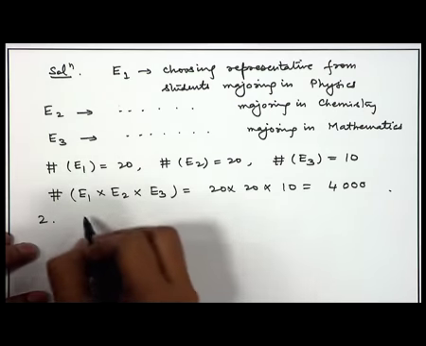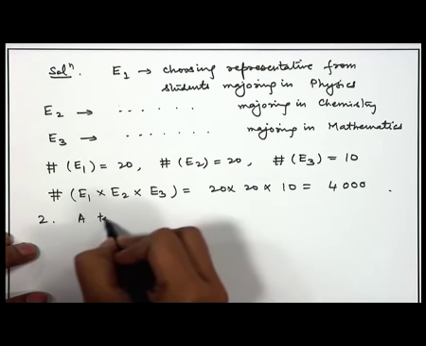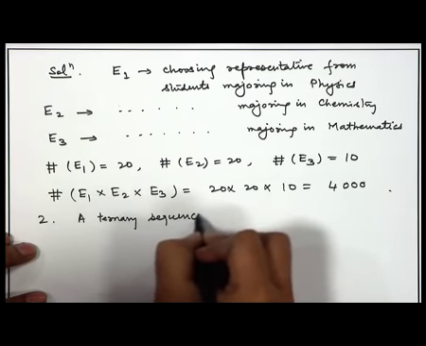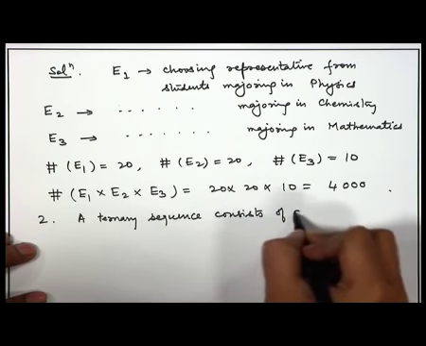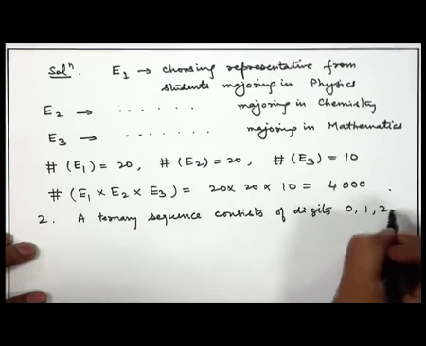Let us consider a ternary sequence. A ternary sequence consists of digits, say, 0, 1 and 2.